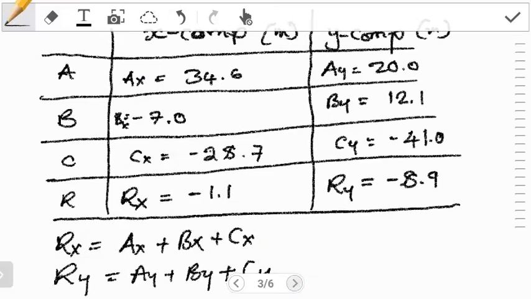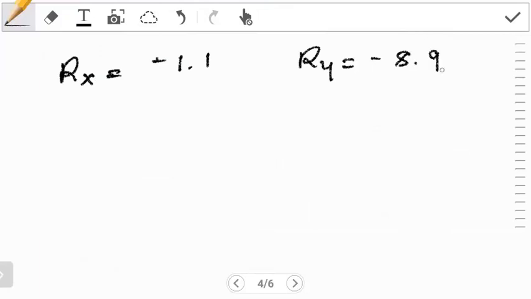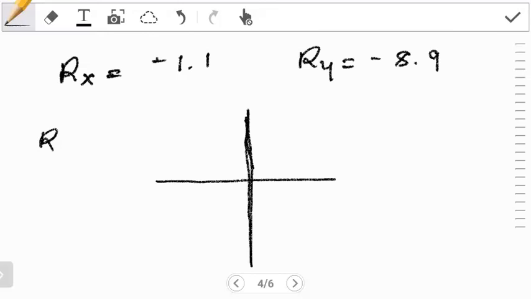Okay, now the next step. We have found Rx, which was -1.1, and we have found Ry, which was -8.9. Now let's find R. We saw earlier that if we were to sketch this, this is our y-axis, and this is our x-axis.